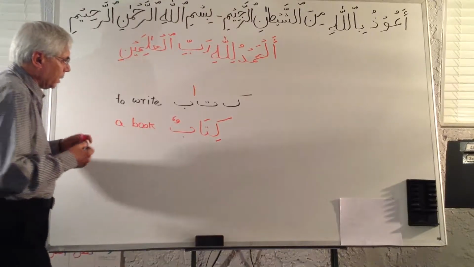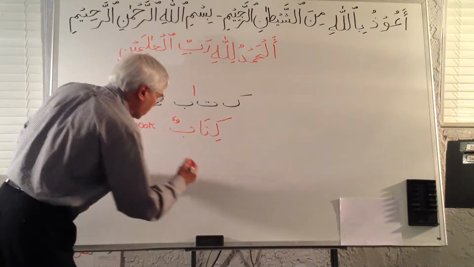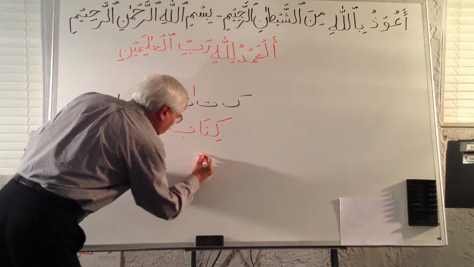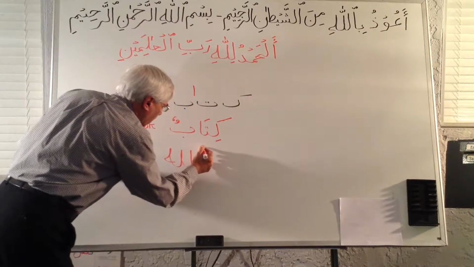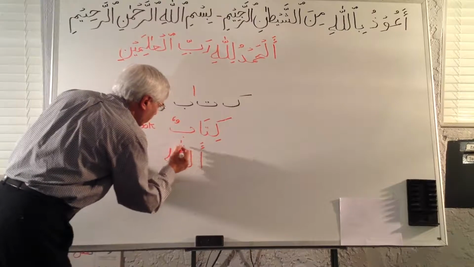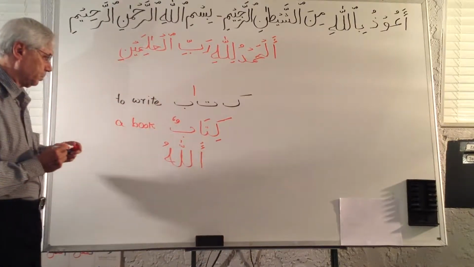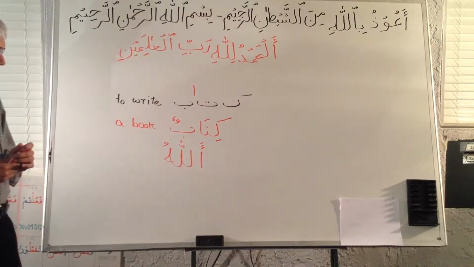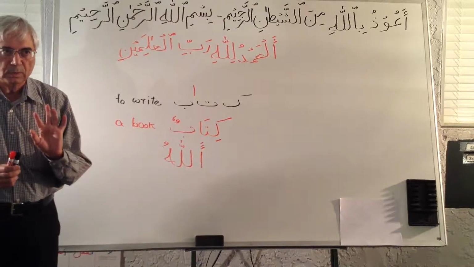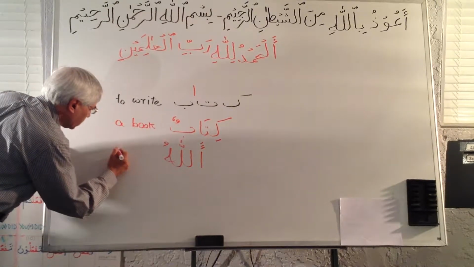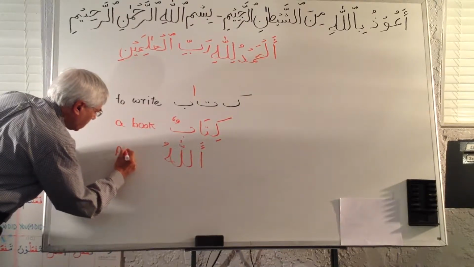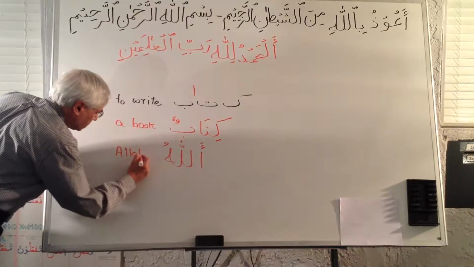Okay. Now let's take one more word here, which we know now: Allahu. Allahu is the correct word, the full word. And in English we can write this as Allah.